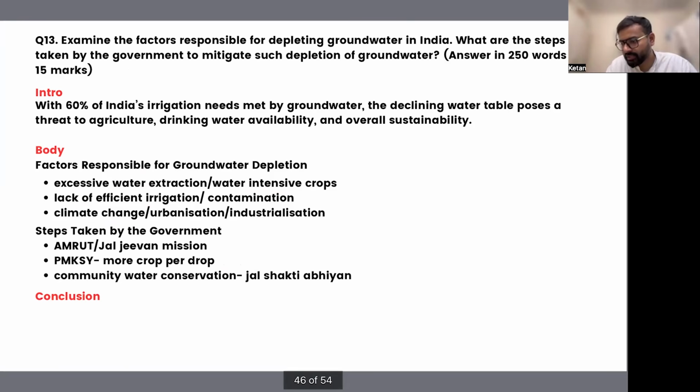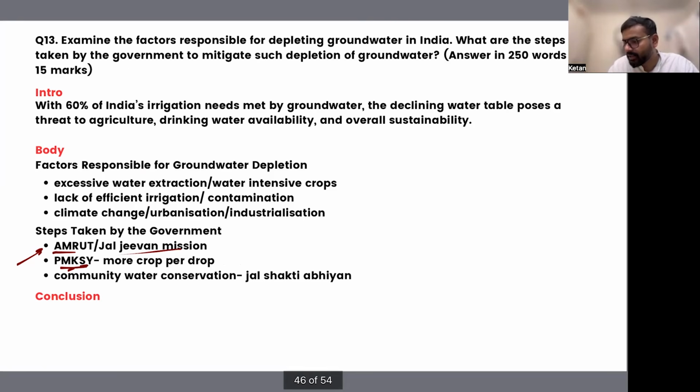Like the Amrut scheme, Jal Jeevan Mission is there, Pradhan Mantri Krishi Sinchai Yojana is there, and a very important component of it is Per Drop More Crop, right? The government is incentivizing or encouraging farmers to adopt micro irrigation, specifically drip irrigation, sprinkler irrigation, all that.